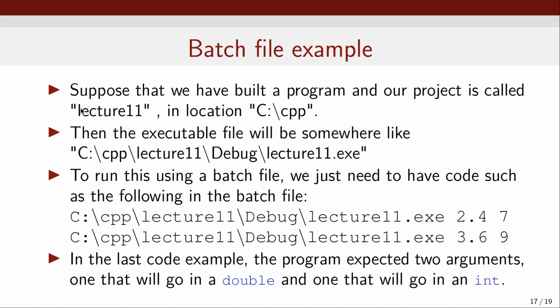So if we have built this program and our project is called, for example, lecture 11 or lecture 9 or a.out and so on, and it's in some location called c/cpp, then the executable file will be somewhere like inside that folder, lecture 11, and then debug folder, and then lecture 11.